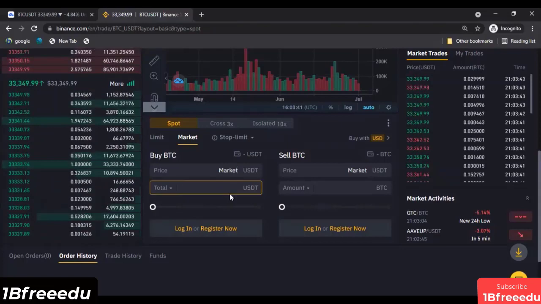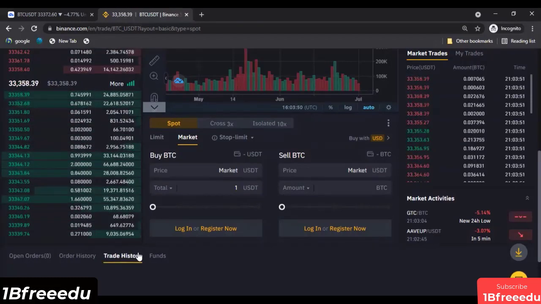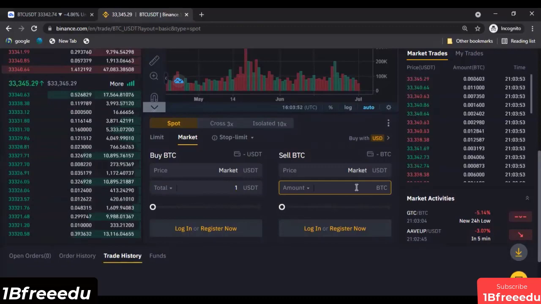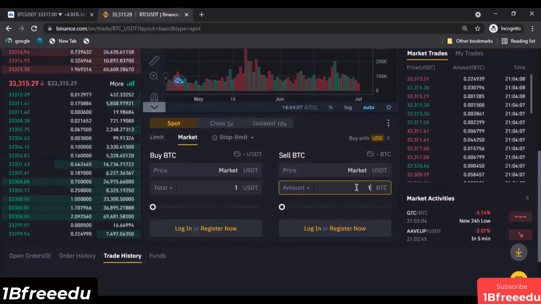You'll select the quantity right here, and you will place buy now, and it will immediately be filled. It will not come into open orders, it will directly go into the trade history. And similarly, if you want to sell BTC at the market price, for example if the market price currently is 40,000, you just set it, and it will fill it automatically for you.